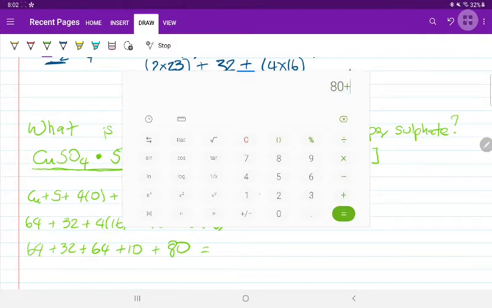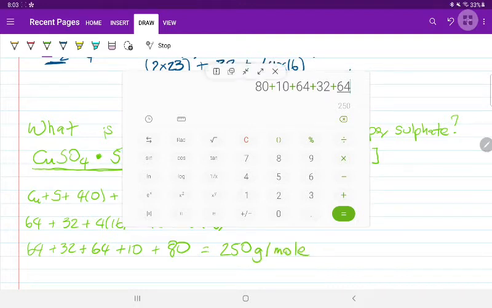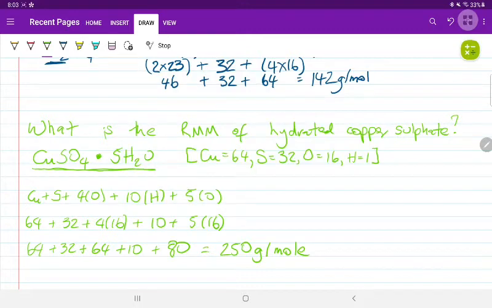So 80 plus 10 plus 64 plus 32 plus 64, and we get 250 grams per mole. So the relative atomic mass, sorry, not the relative atomic mass, the relative molecular mass of hydrated copper sulfate is 250 grams per mole.